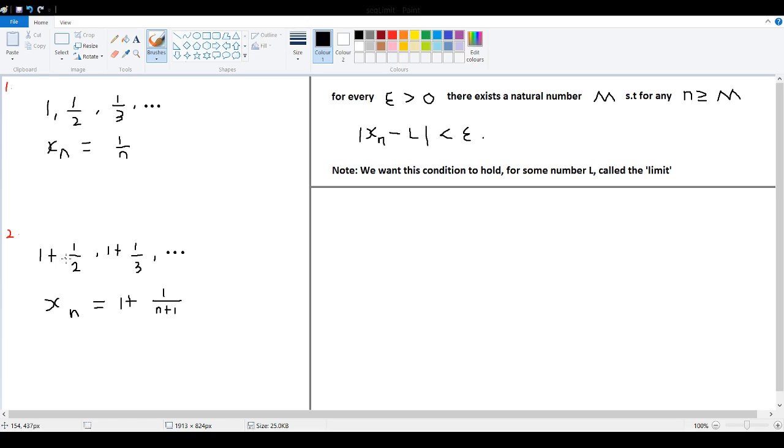Now, what is a limit of a sequence? What do we mean by a limit? Well, we really mean an approximation to the sequence, some kind of number that describes the sequence. So let's have a look at our example number 1. What number might describe this sequence? Well, we can see that this sequence is getting smaller and smaller as we go on.